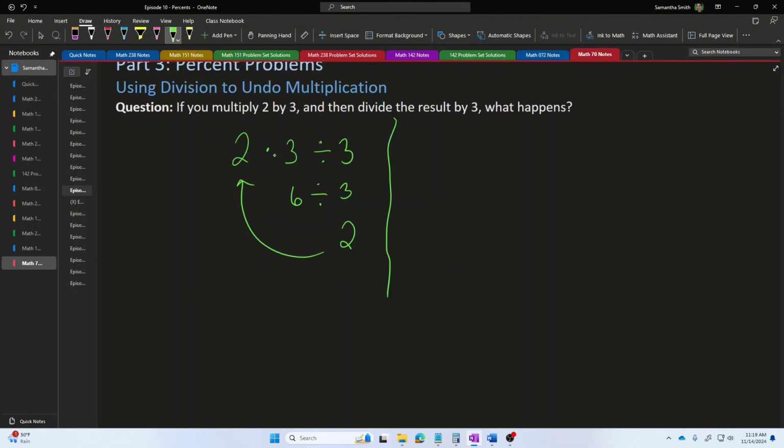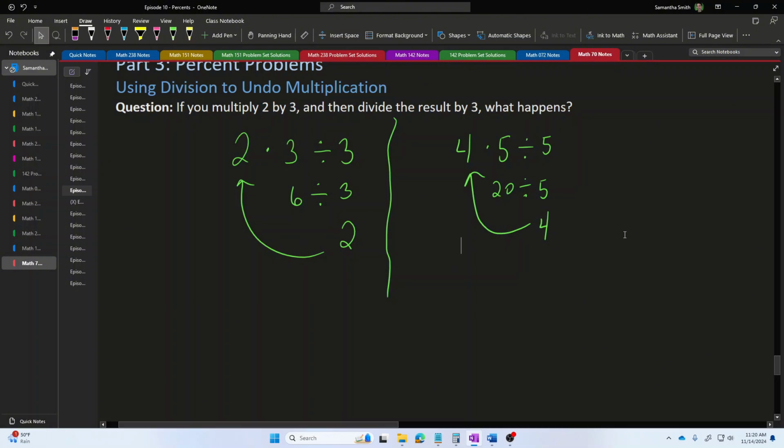And I can do similar calculations with other numbers, right? For example, if I start with 4 and I multiply by 5 and then I divide by 5, 4 times 5 results in 20. 20 divided by 5 results in 4. And look, it's exactly the same thing that I started with.